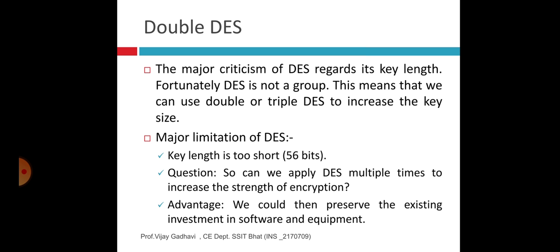Major limitation of DES: key length is too short. But a question arises: can we apply DES multiple times to increase the strength of encryption? Advantage: we could preserve the existing investment in software and equipment. This is all about the basics of double DES.